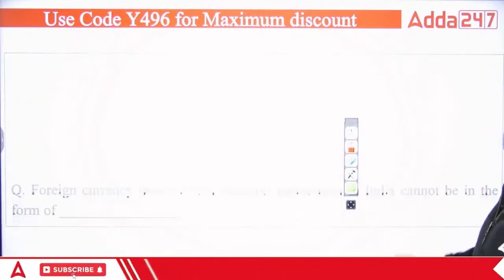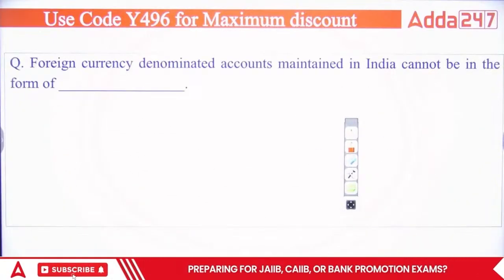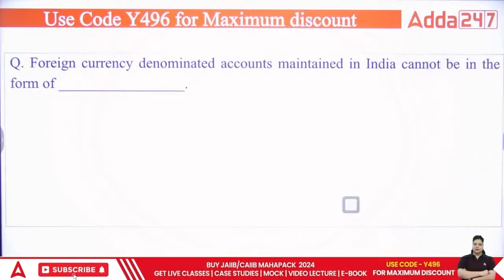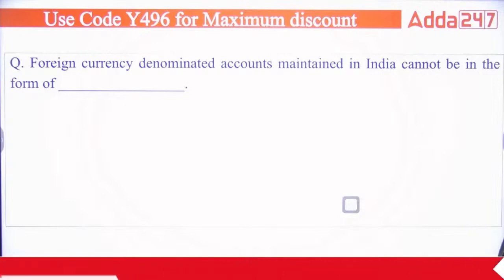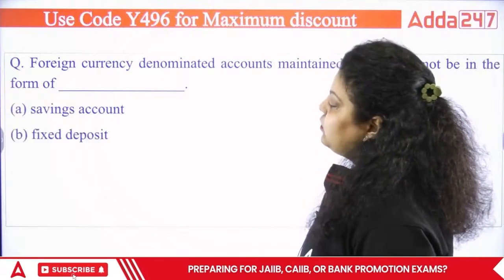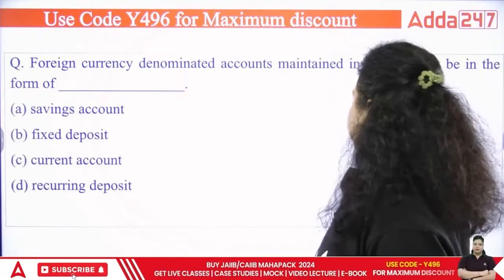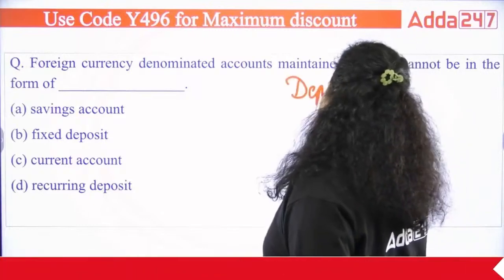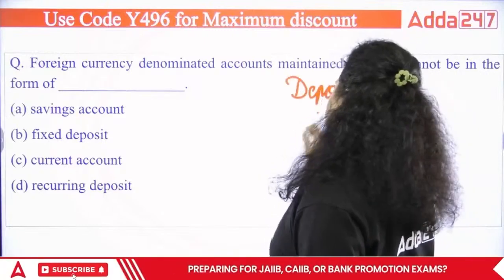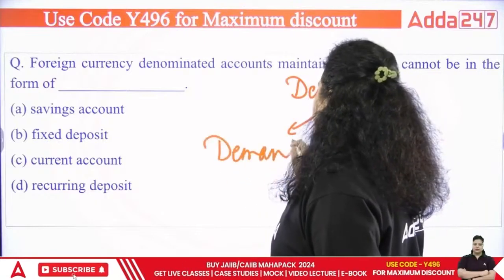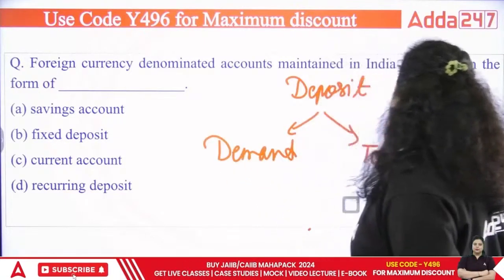The second question: a foreign currency denominated account maintained in India cannot be in the form of dash. If you are opening a foreign currency account in India, it should not be in which particular form of account? Savings account, fixed deposit, current account, or recurring deposit. There are deposits of two types in every bank: demand deposit and term or time deposit.